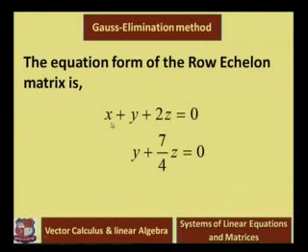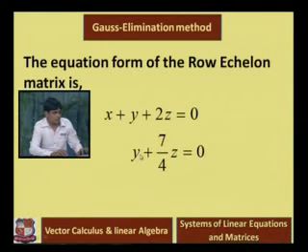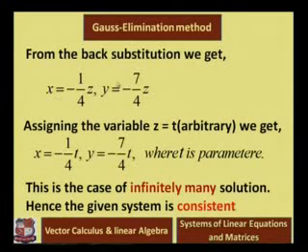The system of equations is x plus y plus 2z is equal to 0, and y plus 7 by 4 z is equal to 0. Write these equations again using back substitution: we get x is equal to minus 1 by 4 z and y is equal to minus 7 by 4 z.